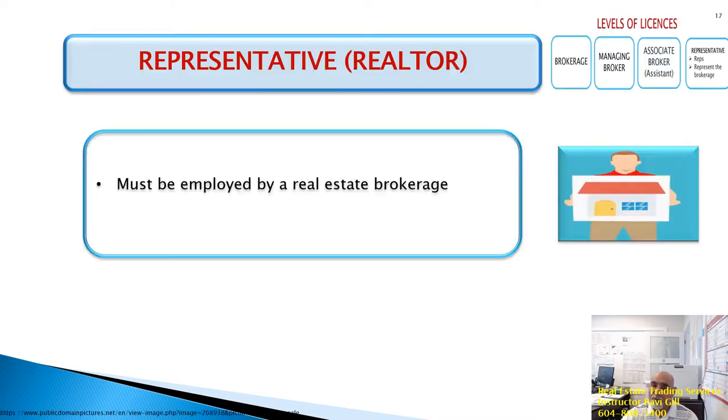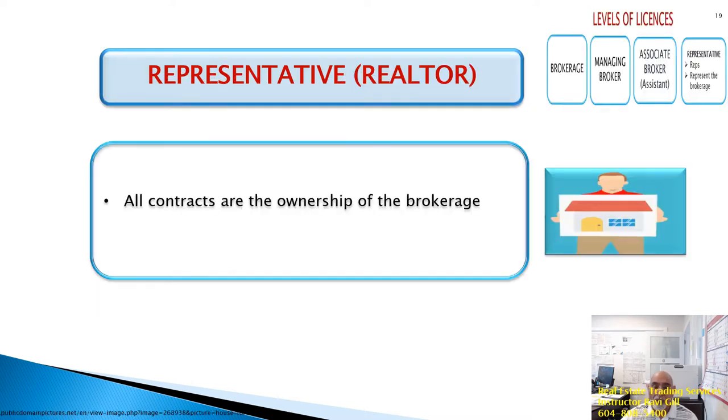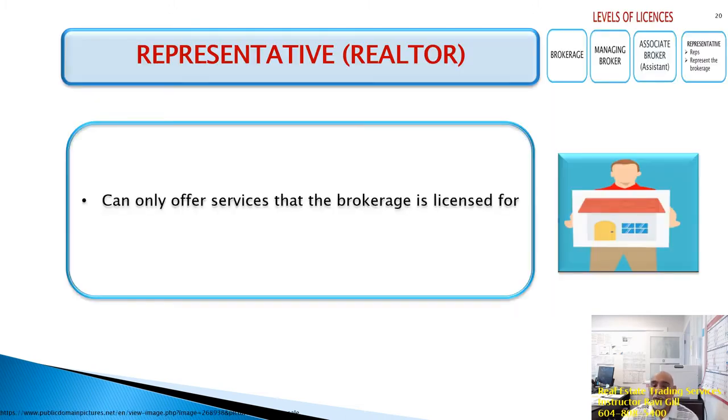Okay, quickly, you must be employed by a brokerage, at least, or only one brokerage. You can only work for one brokerage, and you must work for a brokerage. All the contracts are the ownership of the brokerage that you work for. And you can only offer the service. Remember, there are 3 types of services, and most of you are just going for the trading services.